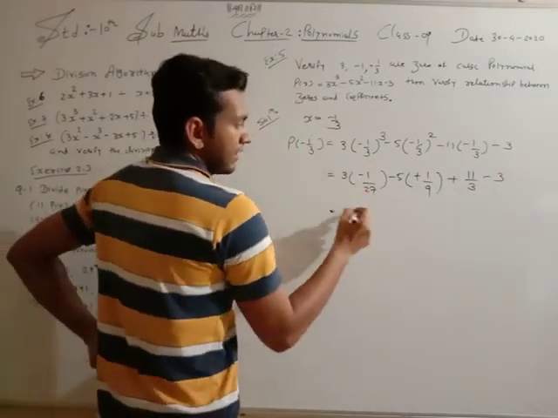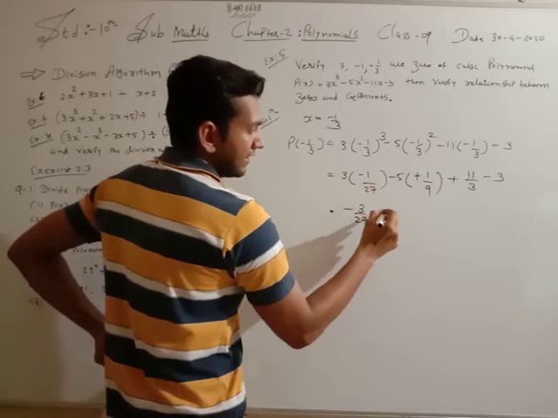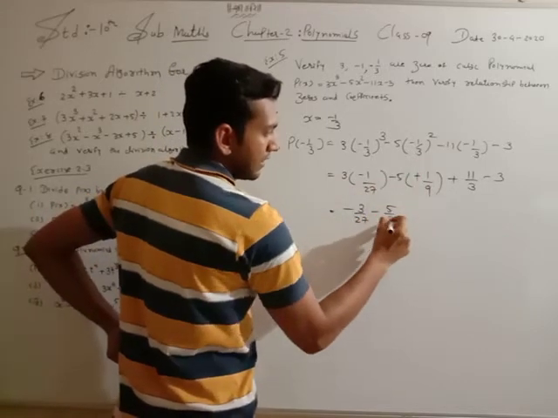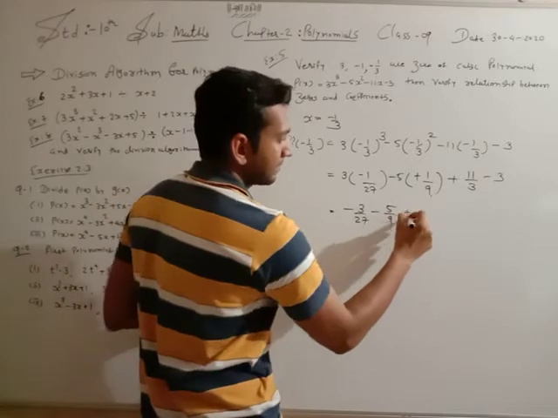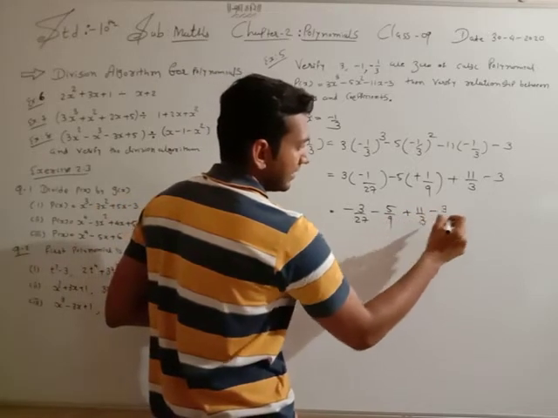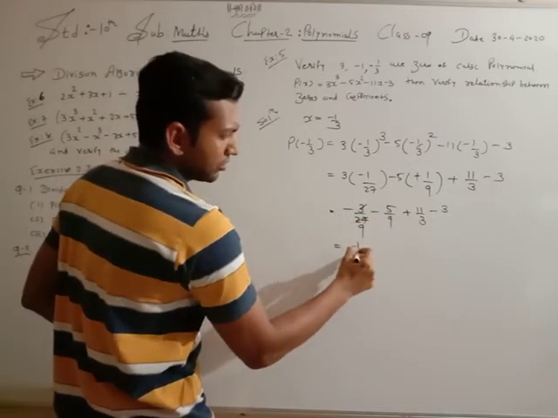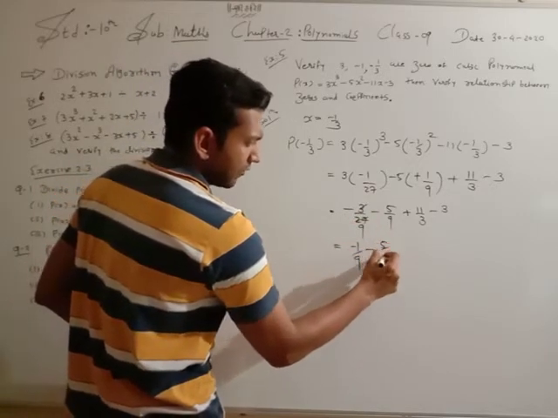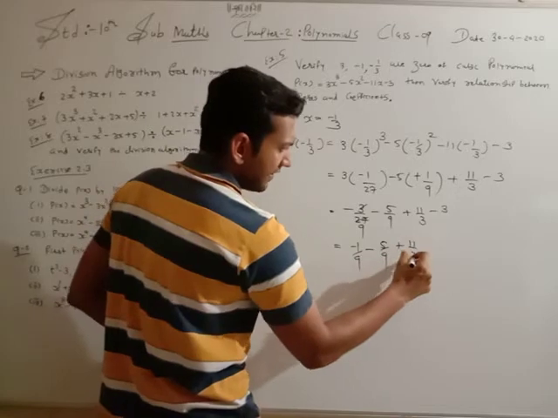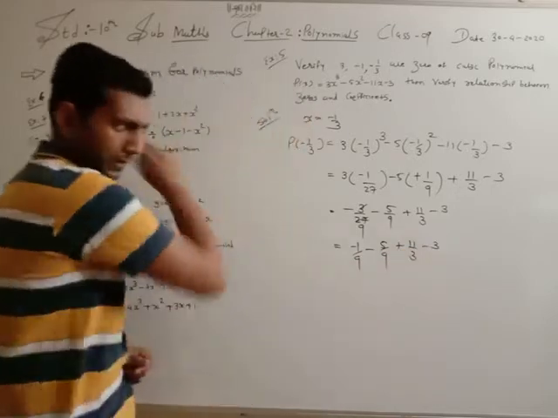So minus 3 by 27, 3 nines are 27, so minus 1 by 9, minus 5 by 9, plus 11 by 3, minus 3.